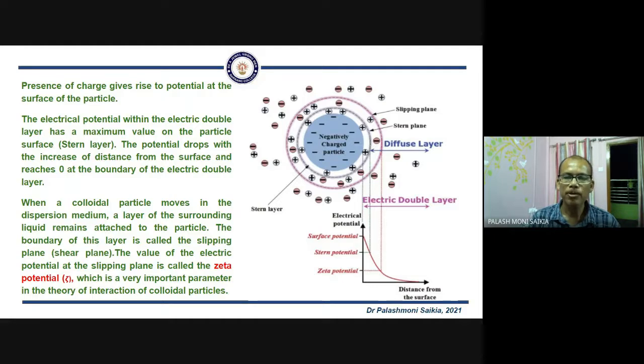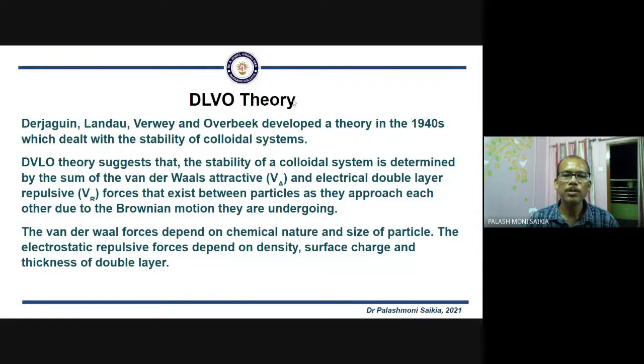Still, many aspects of colloids, basically the concept of potential energy, were not discussed in the EDL. So this was more quantitatively studied by four scientists, Derjaguin, Landau, Verwey, and Overbeek, and they developed a theory in the 1940s to explain the stability of colloids, and that is called the DLVO theory.